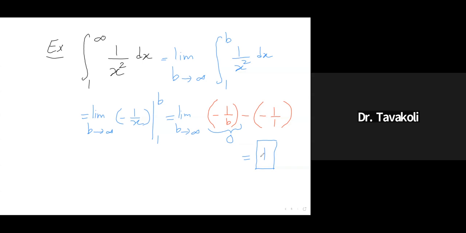In this example, the value became a number. If the value becomes a finite number like this, we call the integral a convergent integral. So this integral, in fact, is a convergent integral. Let me write the definition for this concept as well here.